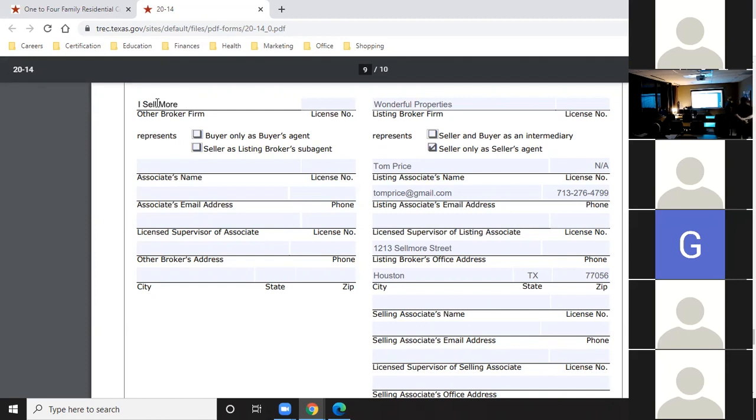I don't see a license number. Who's your agent? It says you are the selling agent. Oh, so in this situation, you're just going to put you are. And then associate's name, put you. Okay. And Mr. Garrett, do you have any email, phone number, or any of that stuff, sir?